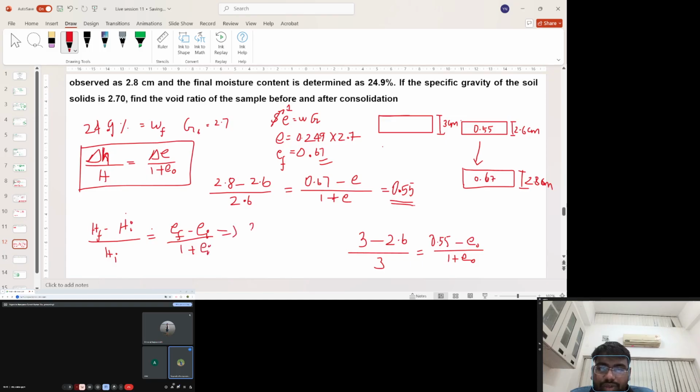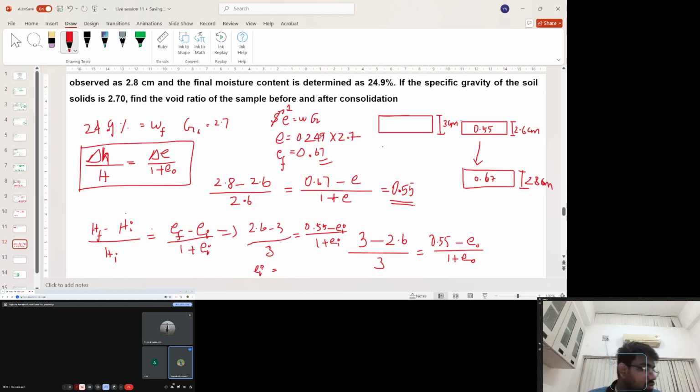So here it will be 2.6 minus 3 by 3 is equal to e final, which is 0.55, minus e initial by 1 plus e initial. Now you can calculate, I think. Now you will get the proper values.